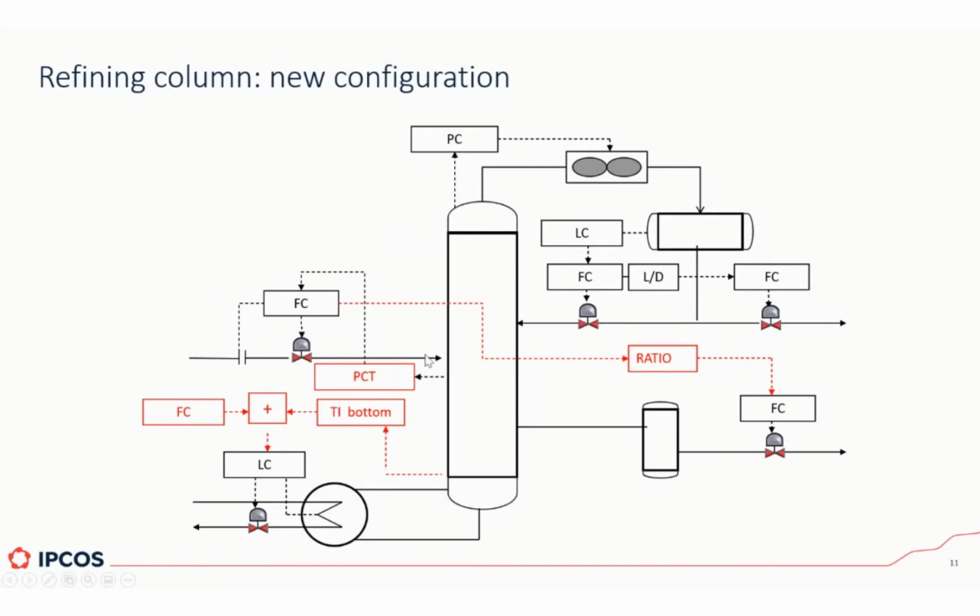And because of that, it means that if you want to keep the feed to the column constant, which is most likely one of your objectives with any kind of control, then you need to make sure that you react to these disturbances.